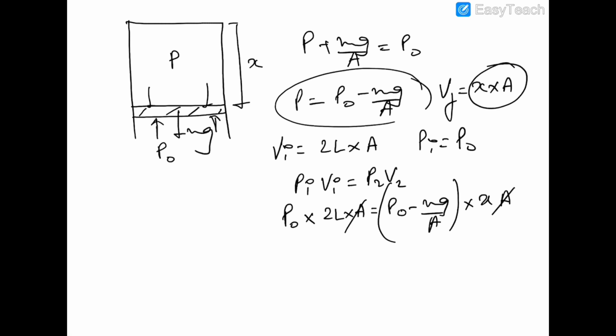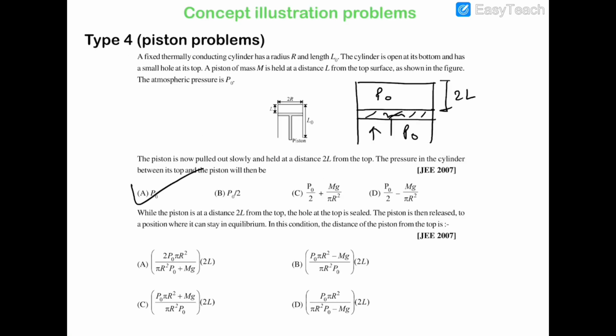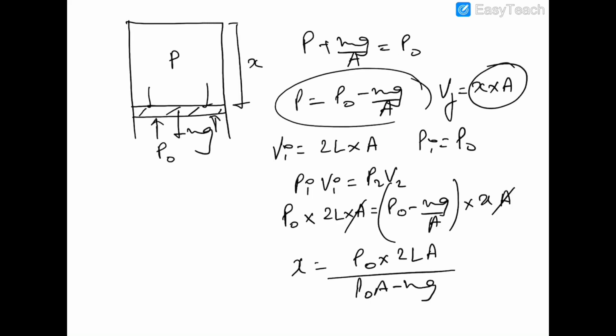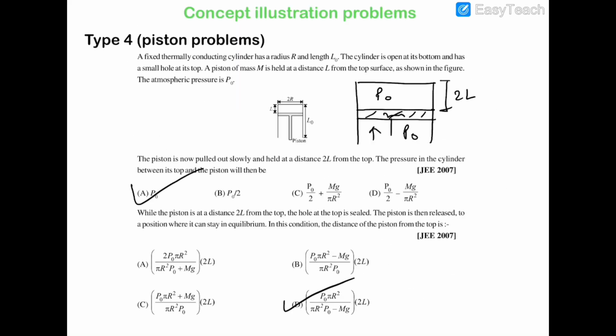Cancelling A with A, so x will be equal to P naught into 2L into area divided by P naught A minus mg. A is pi r square, so you can see that the answer will be P naught into pi r square into 2L upon pi r square P naught minus mg. So the correct answer will be D.